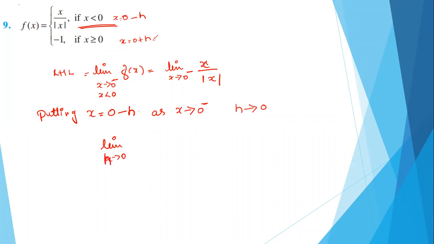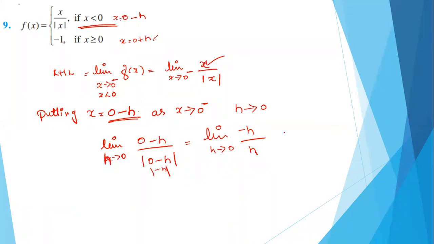Wherever there is x, you replace by 0 minus h. So it is limit h tending to 0 of minus h by mod of minus h, that is minus h by h, because the modulus is h. So you get minus 1.